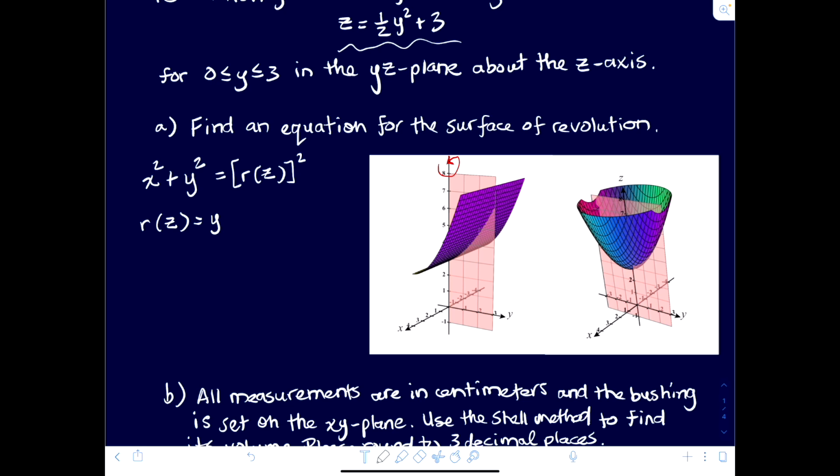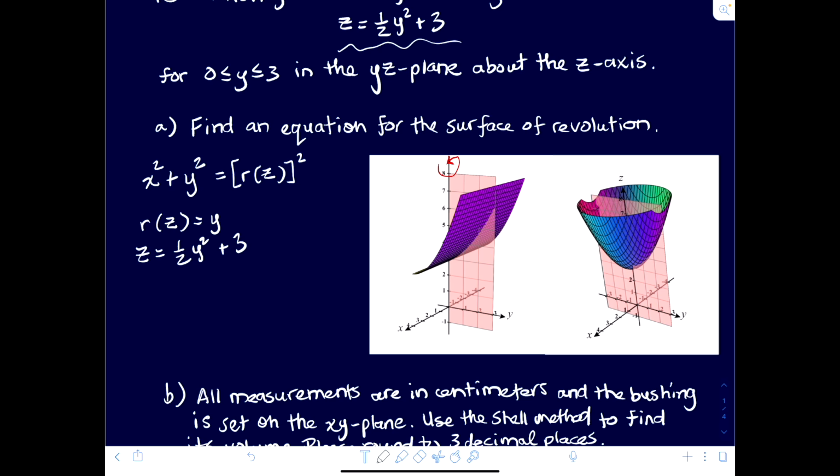Well, up here we have that Z is equal to 1/2 Y squared plus 3. So we want to isolate Y. So in order to do this, what would we have?